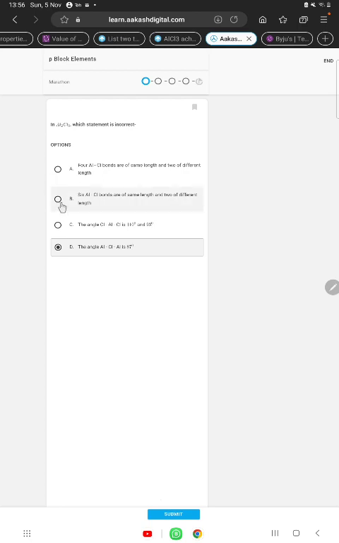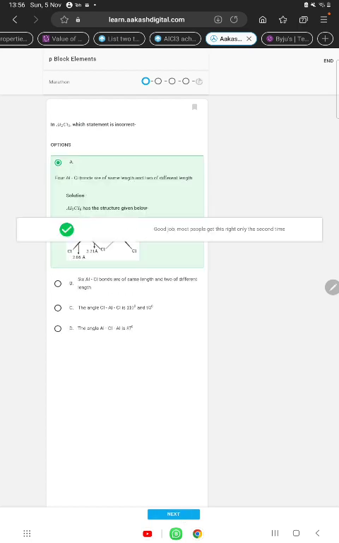No, all Al-Cl bonds are not of the same length. 4 Al-Cl bonds of same length and 2 of the different length. Al2Cl6 has this structure.